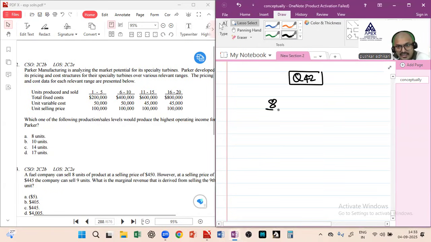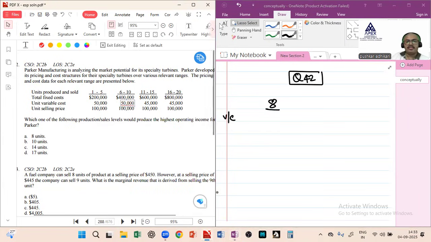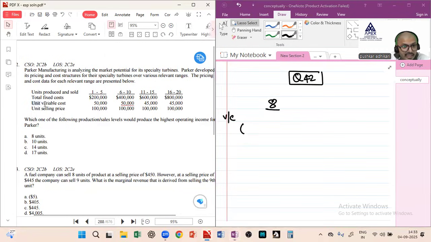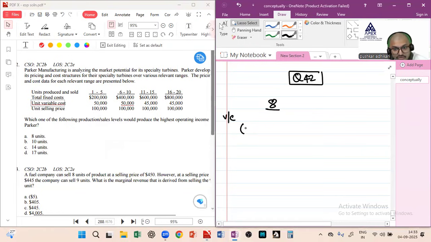Let us start with 8 units. Now please try to understand what is the variable cost. The variable cost for 8 units will use the variable cost of 50,000. It is a unit variable cost, so I want you to be very careful about it. It is 50,000 per unit, for 8 units, so the variable cost is 4 lakhs.